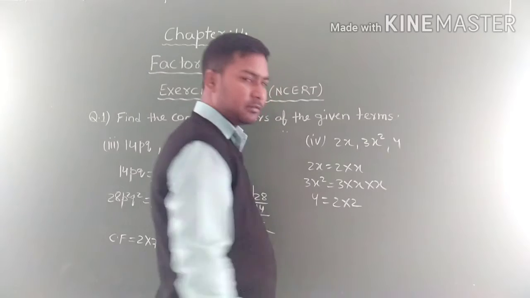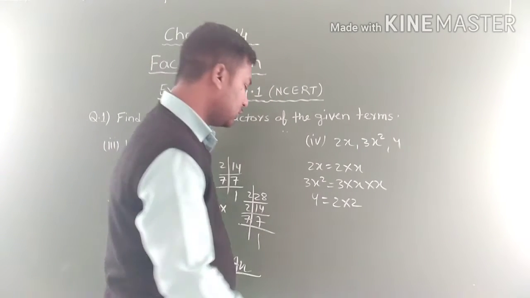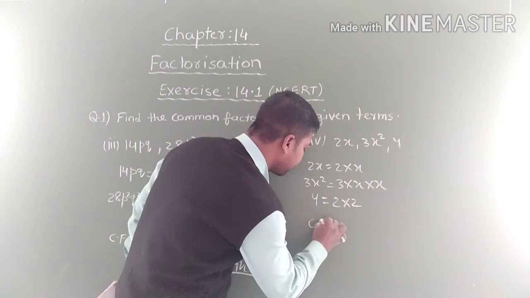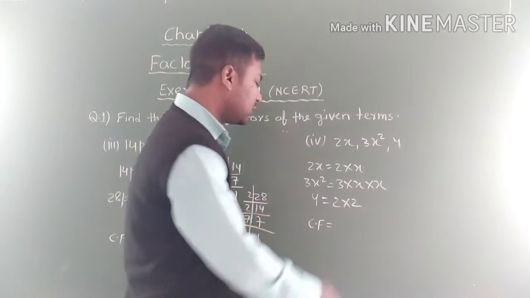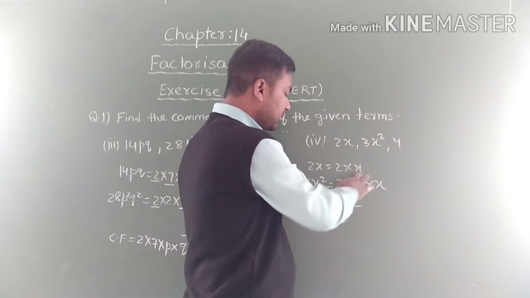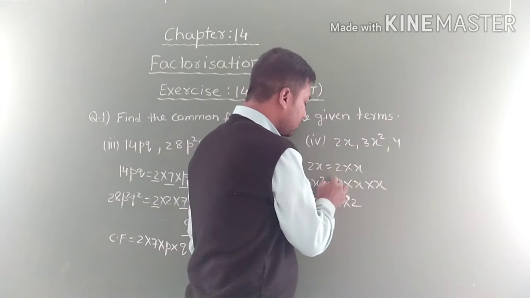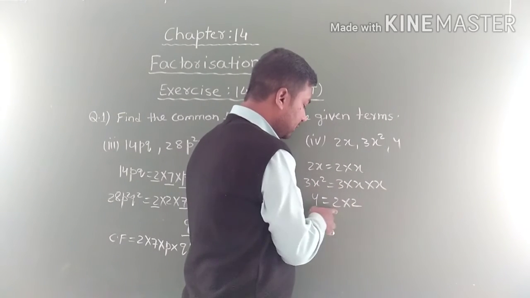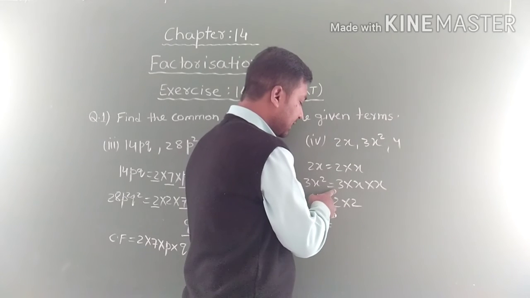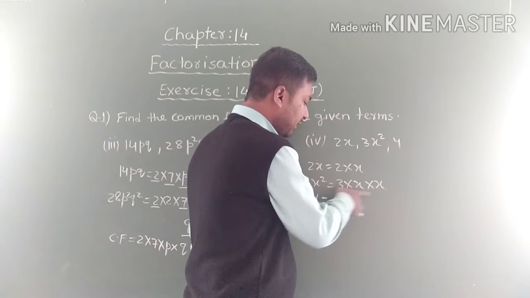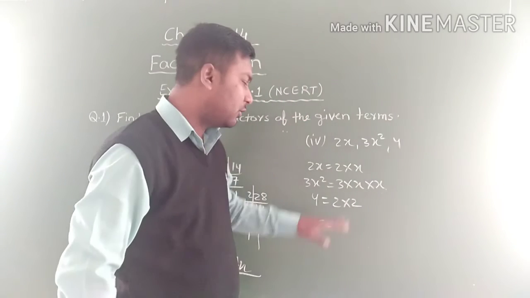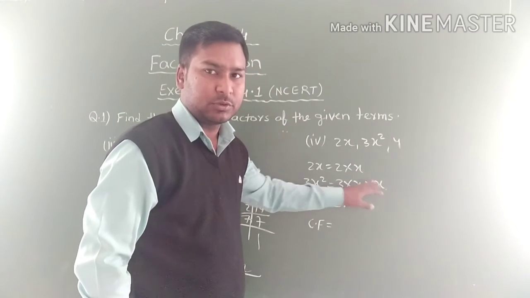Just take common. So the common factor will be... what is common in the 3 factors? 2 is in the first term, but in the second term there is no 2. So 2 is not common.